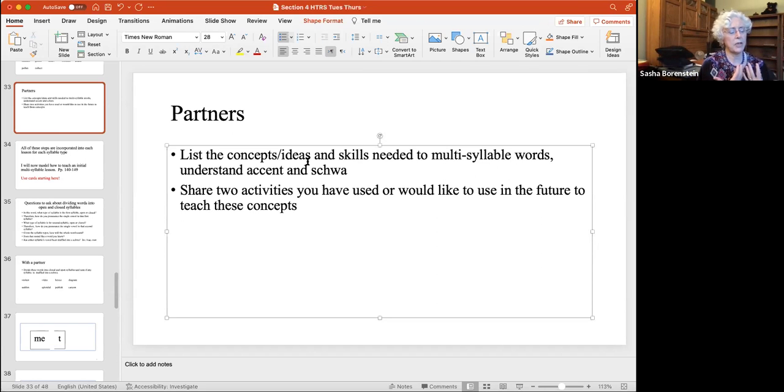Now, all of us are more comfortable with maybe input that we process visually or auditorily or kinesthetically. But the truth of the matter is we have to ask, what's the task? And what does the task demand of us?